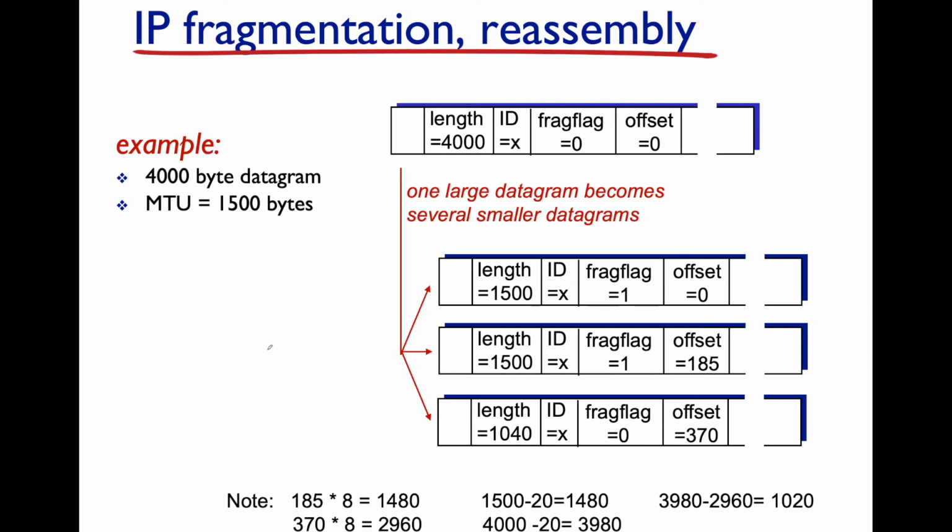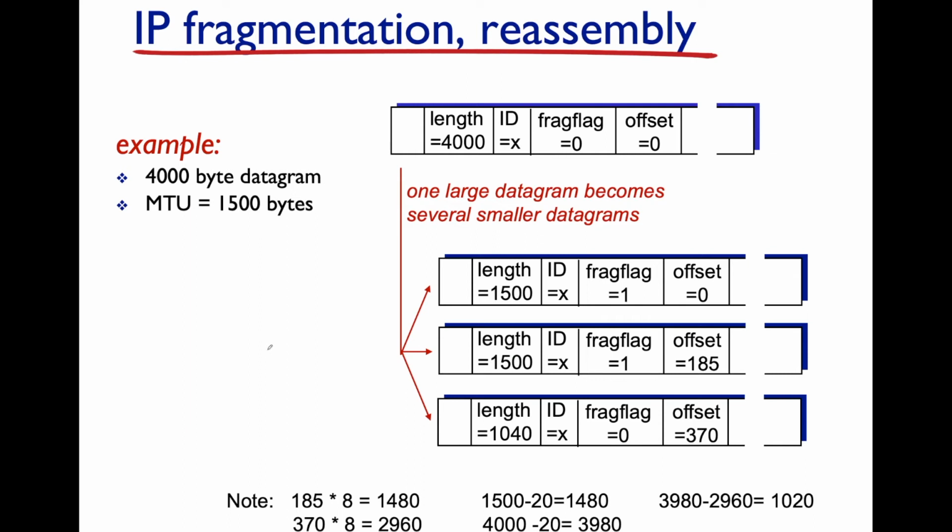Okay, so we know that 20 bytes are header information. So out of the original 4,000 byte datagram, 3980 is going to be the payload, which is 4,000 minus 20 for header. And so out of that 3980, we have 2960 in the first two fragments.